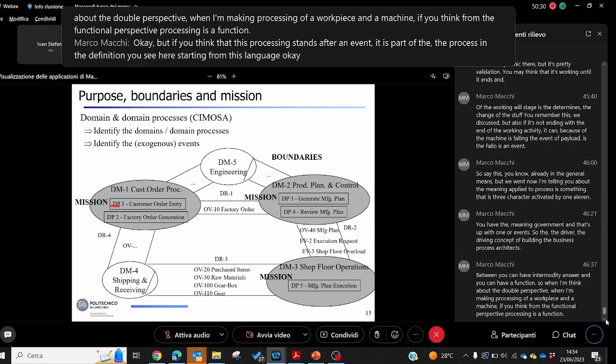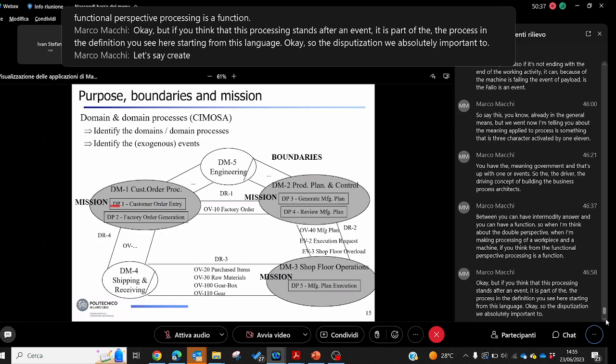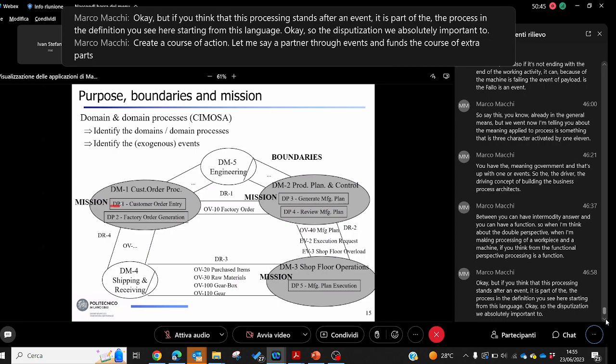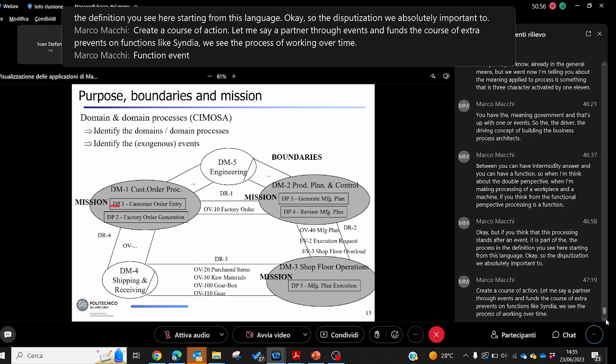So the discretization is absolutely important to create a course of action, a path through events and functions. The course of action or paths through events and functions is like saying we see the process evolving over time. Event, function, event, function is like seeing in time what is happening.